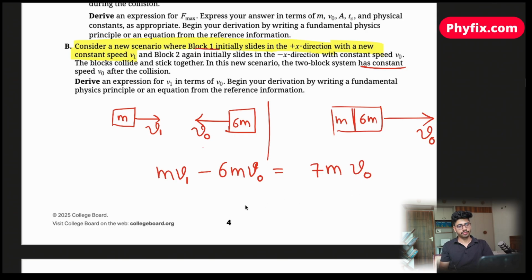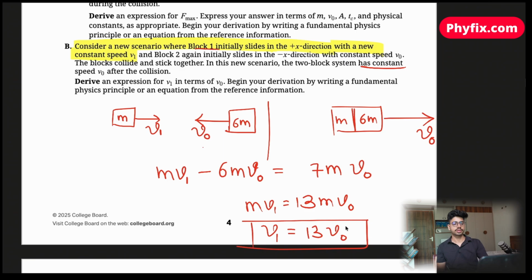So now we have mv1 on one side, and on the other side it becomes 13 m v naught. The m cancels out, so v1 is 13 v naught. The expression is 13 v naught.